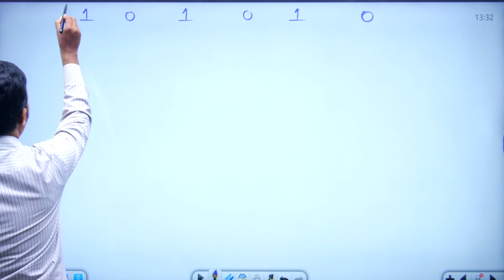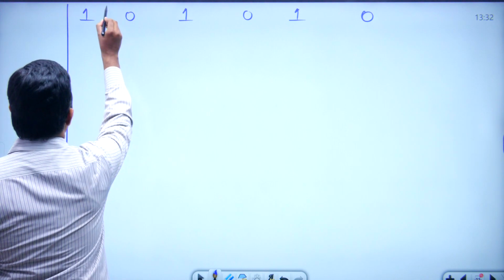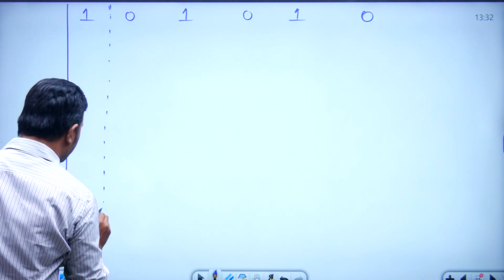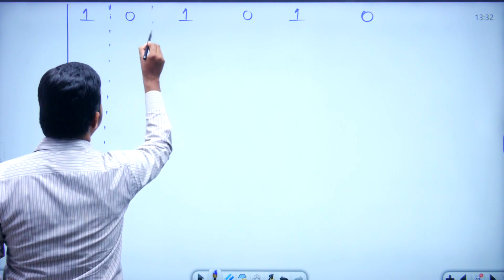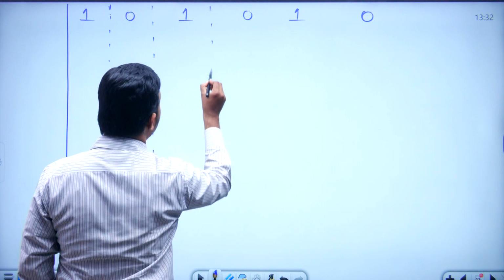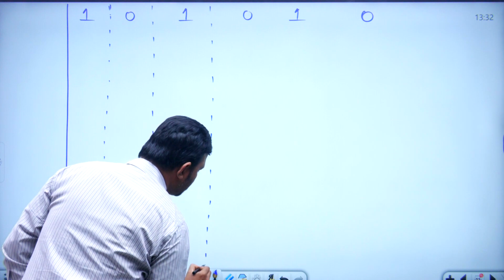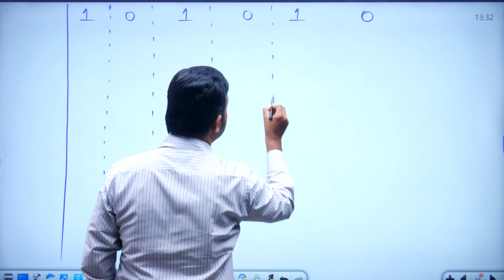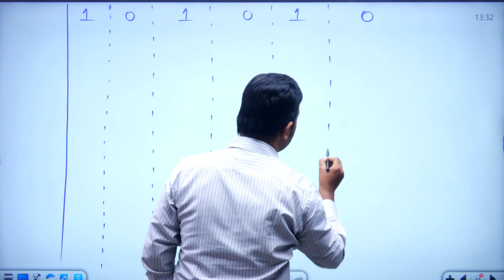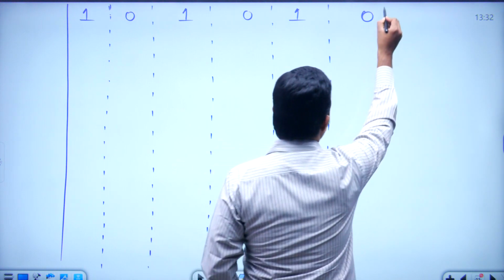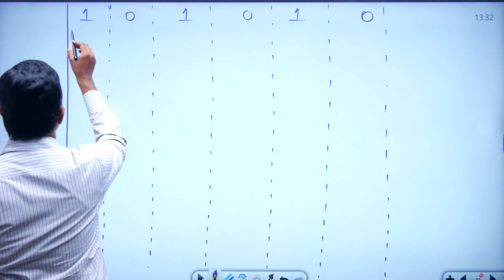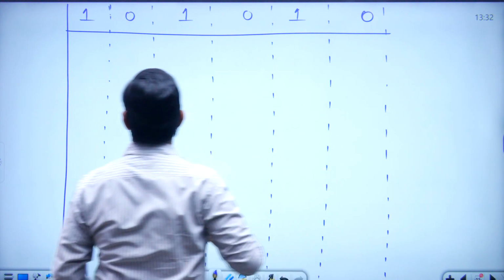Let us draw dotted lines. This is the output of the encoder.